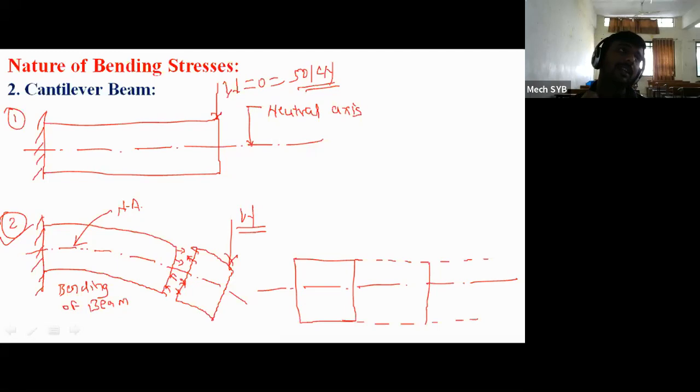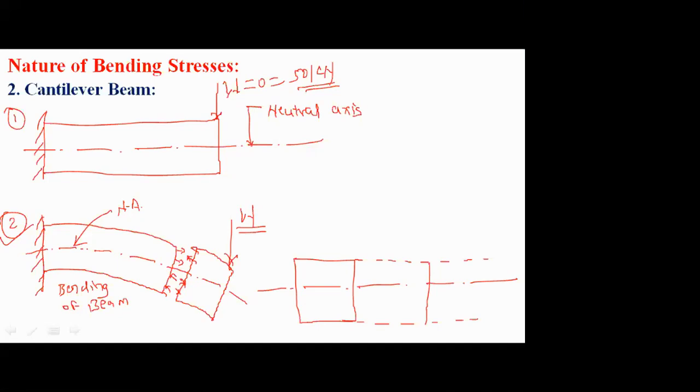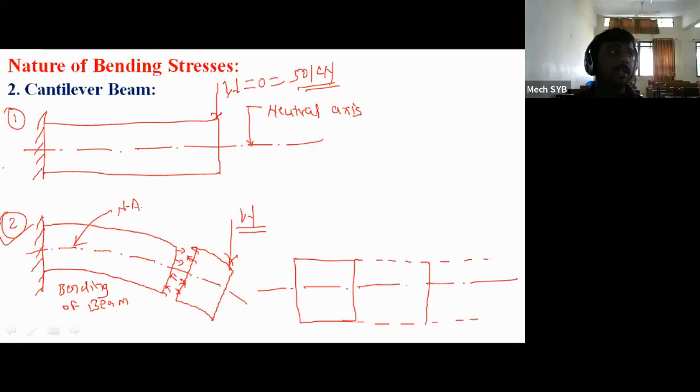For the cantilever beam subjected to a point load, the nature of the bending is in front of you in the second figure. So due to this bending, is the above portion under tension or compression? Tension. So the above portion is under tension.